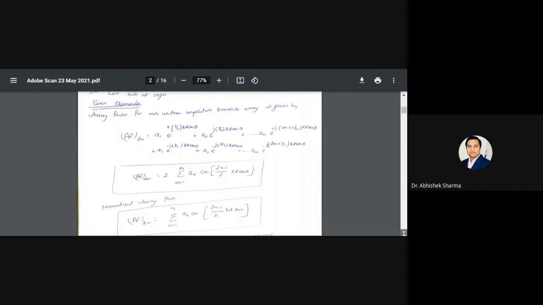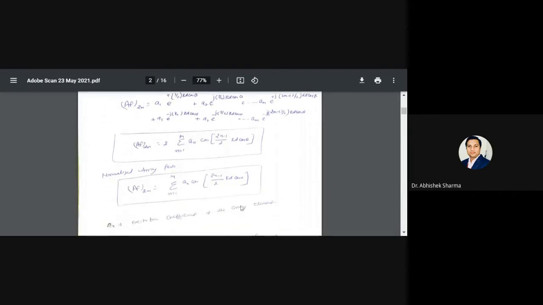In normalized form, it can be written like this, where this an is the excitation coefficient of the array element. So when we put the value of n, a1, a2 up to aM, these are the excitation coefficients which are different for each element, and that's why we are calling it non-uniform amplitude.